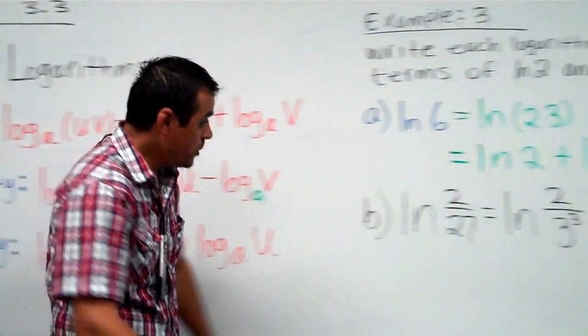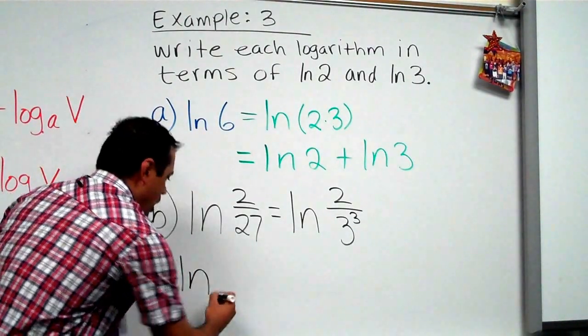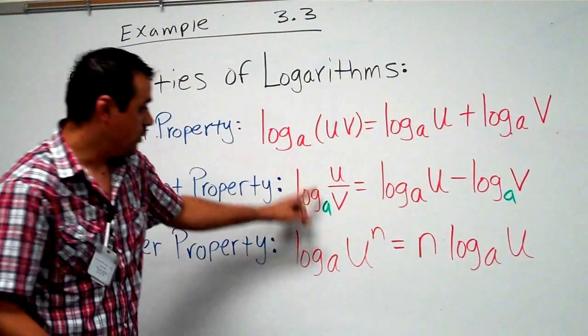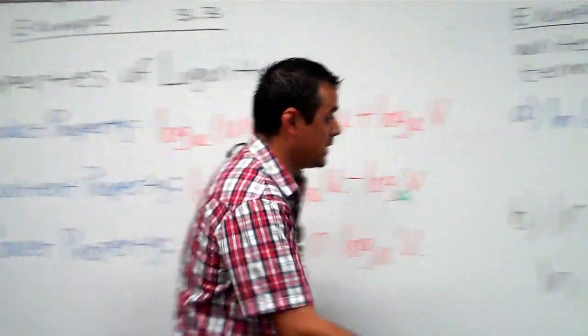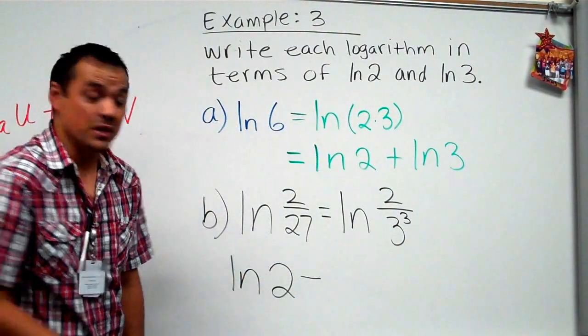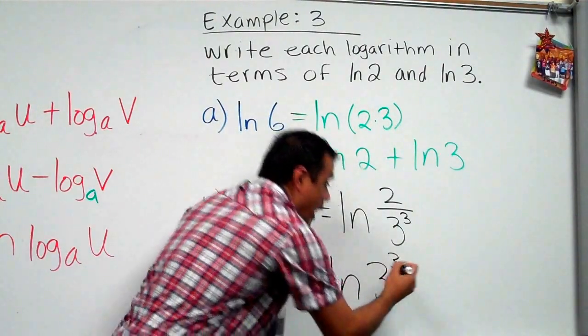So follow me over here. We're going to say the natural log, once again, of 2 over 3 to the third. Remember, it's right here, the u minus v. So it's going to be the natural log of 2 minus the natural log of 3 to the third.